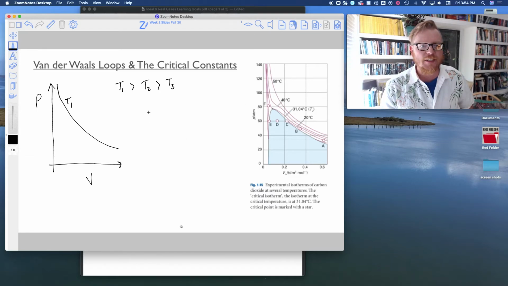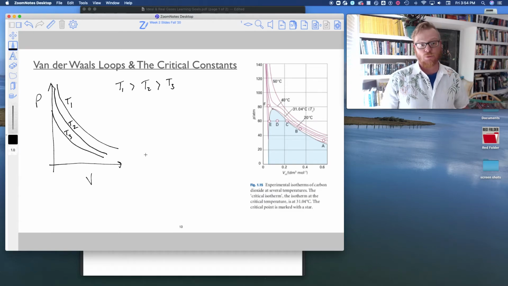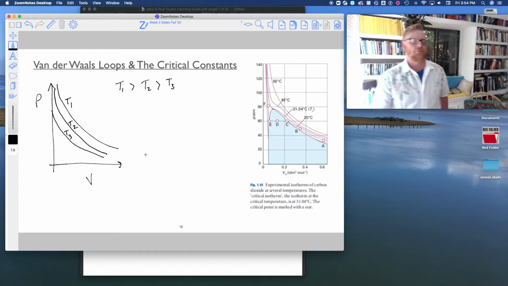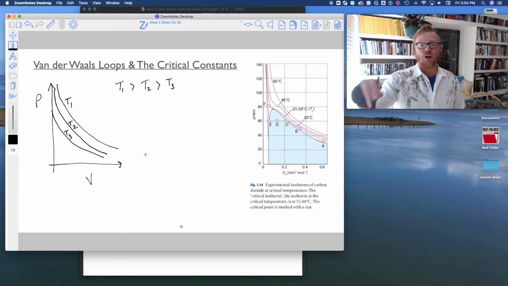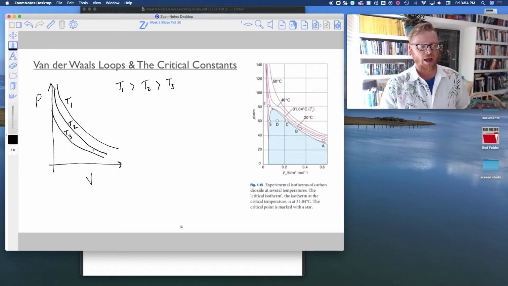Here we can see from this data, as well as what you're going to calculate in your Mathematica assignment, the next isotherm might be down here, T2, and then the next isotherm might be down here, T3, and so on. According to the ideal gas law, all of these curves should still have the same slope, if you will, at a given volume.